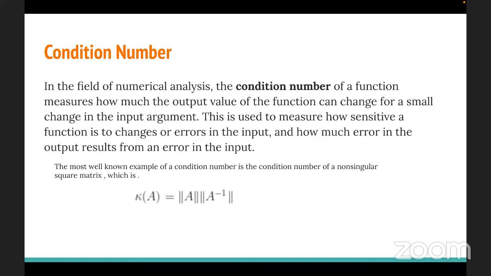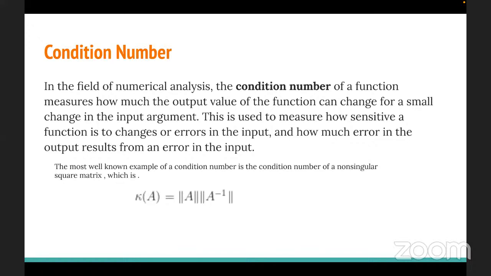Now, if a matrix does not have an inverse, that matrix is said to be singular. If you can't get the inverse of a matrix, that matrix is singular, which means you can't calculate the condition number. The condition number will tend to infinity.